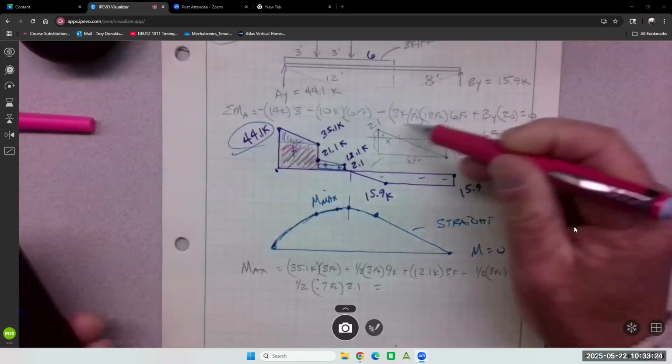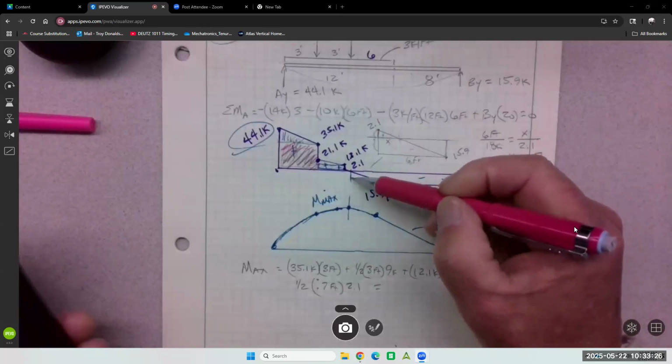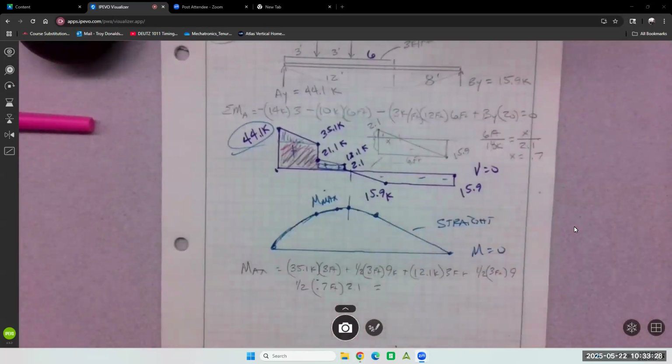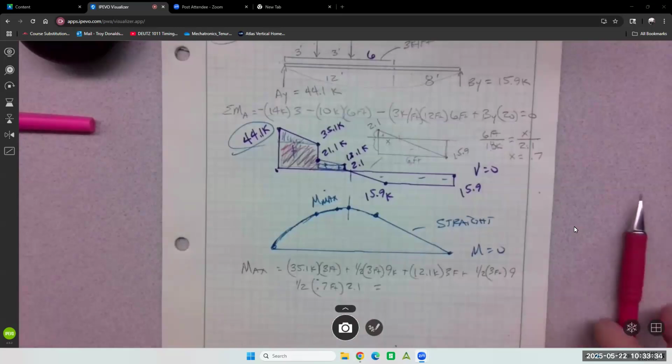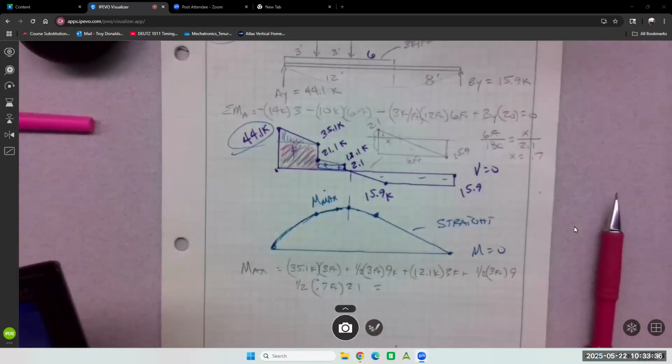That was the trickiest part, like to locate this 0. Gets really tricky if that's a parabolic curve. It's like, oh boy. All right, let's see if we can crunch this.